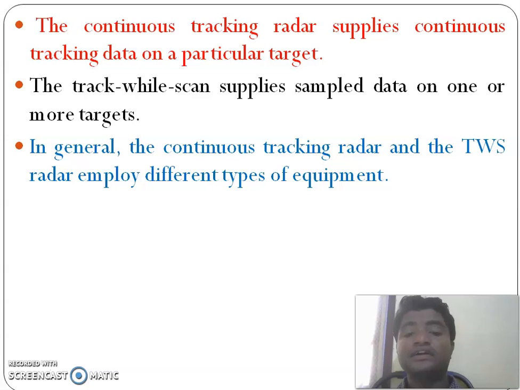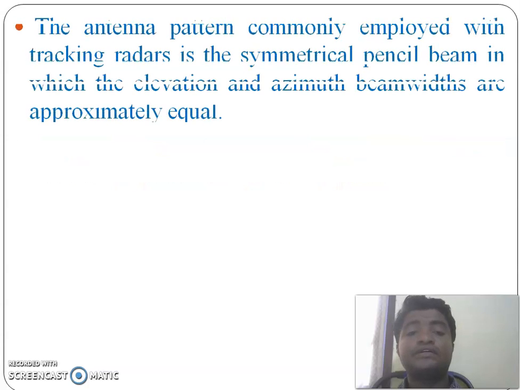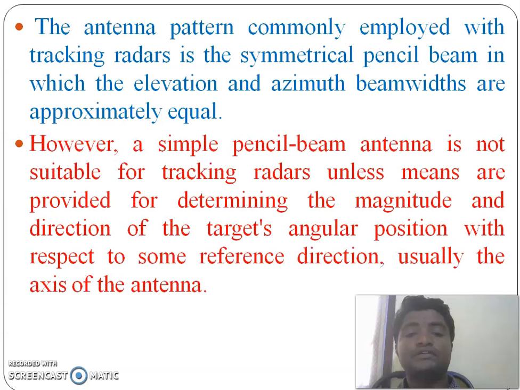In general, the continuous tracking radar and track while scan radar employ different types of equipment. The antenna pattern commonly employed with tracking radars is a symmetrical pencil beam in which elevation and azimuth beam widths are approximately equal.